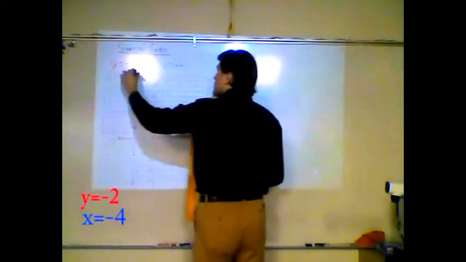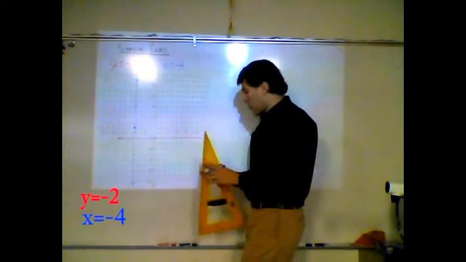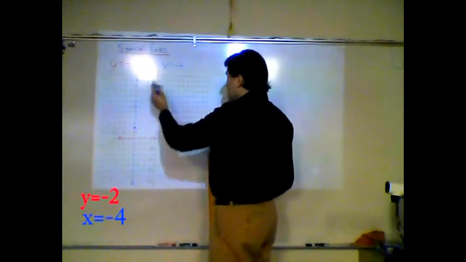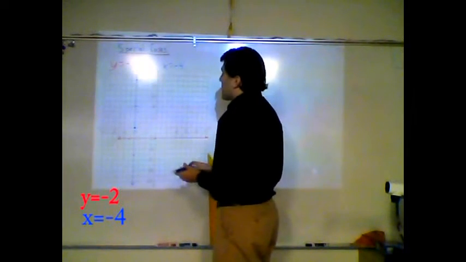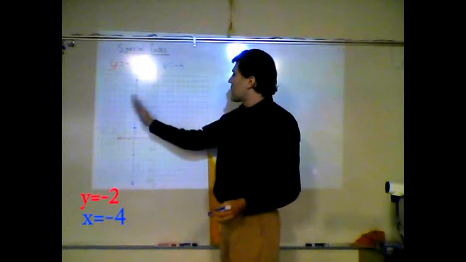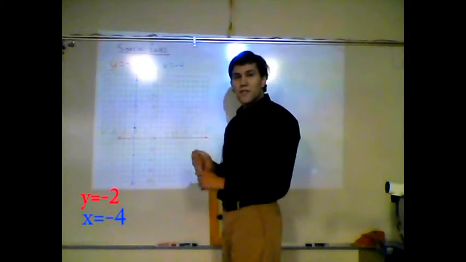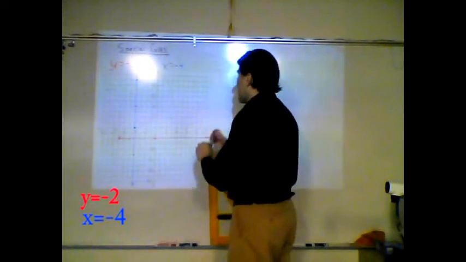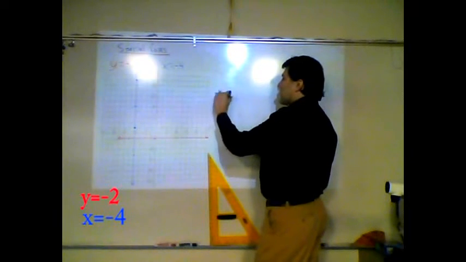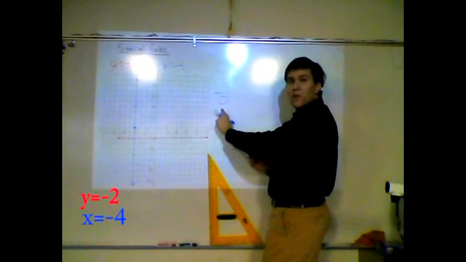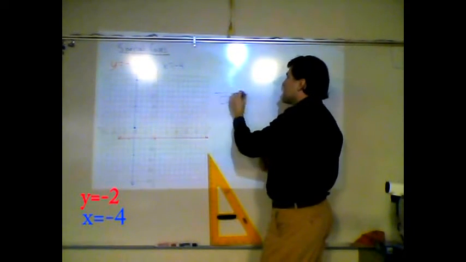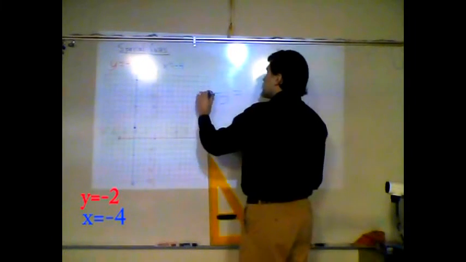And we notice that as we draw this in, we have an undefined slope. Our slope, if we go side to side, we go 0 units to the side. And anytime we're looking for the slope, we divide by the change in x, but we can't divide by 0. So the slope is undefined.